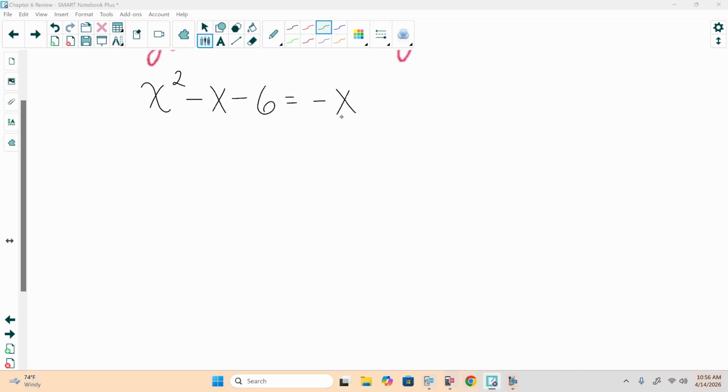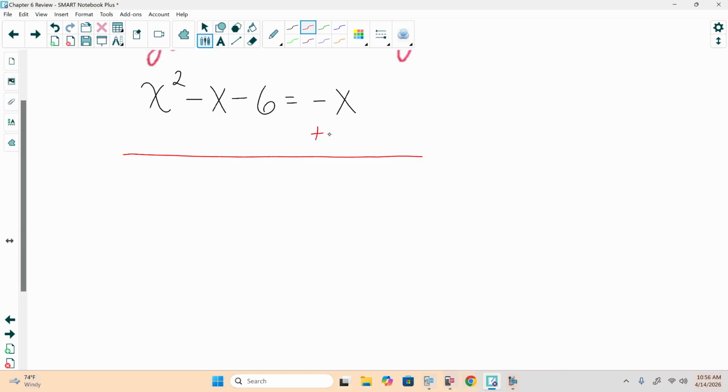So what we're saying is x squared minus x minus 6 is equal to negative x. Now this one, unlike the last few, we do have an x squared term. We do have this quadratic term. So we need to get this equation equal to 0.